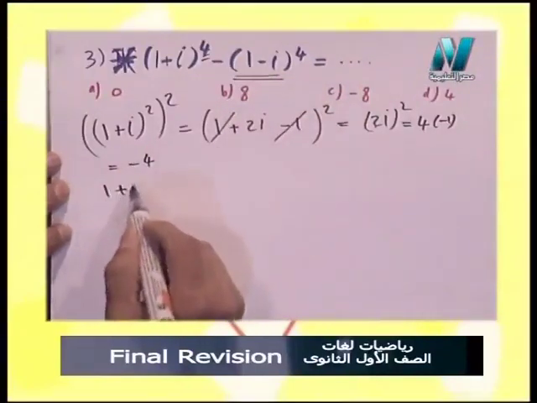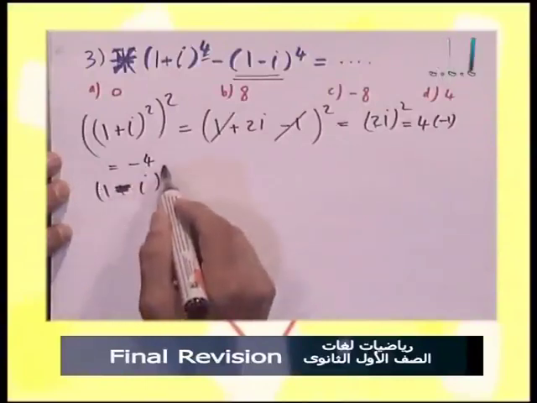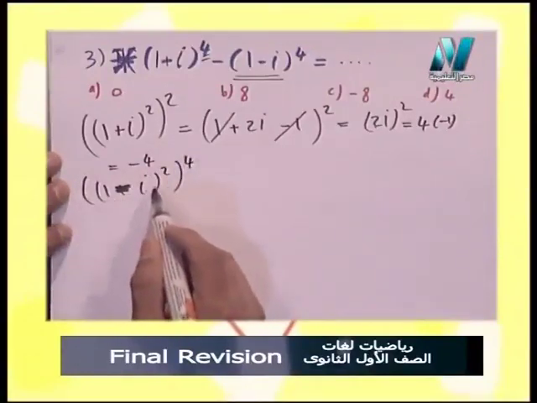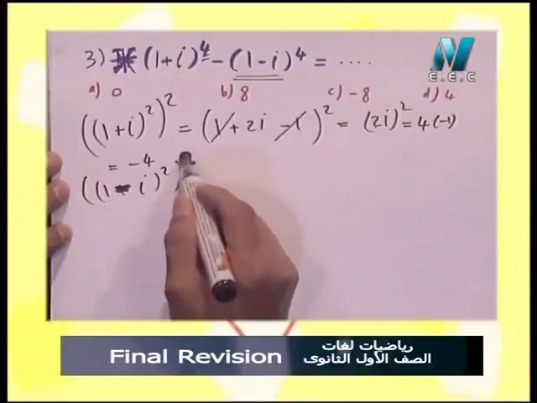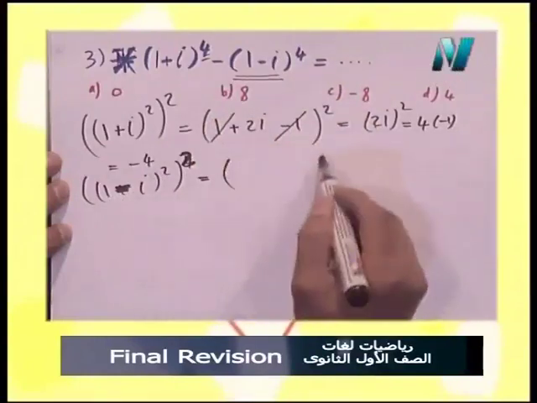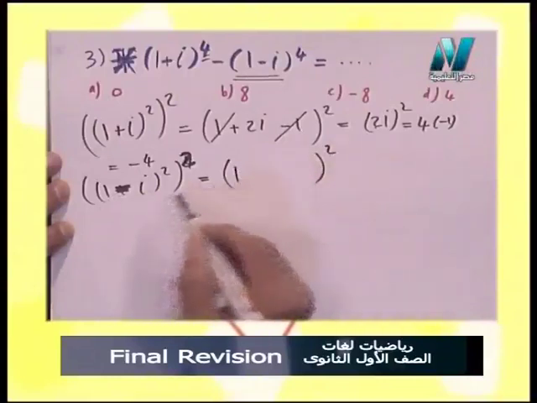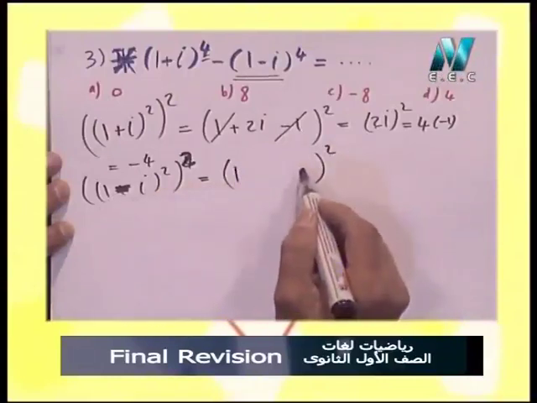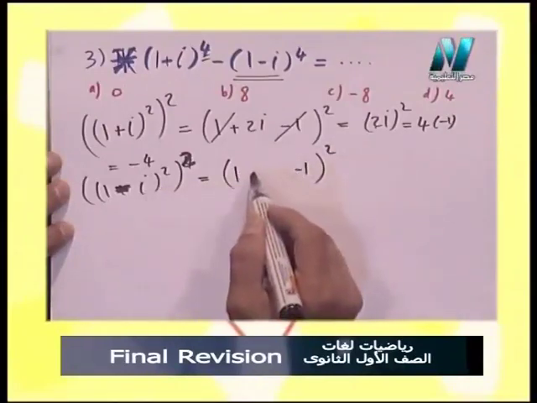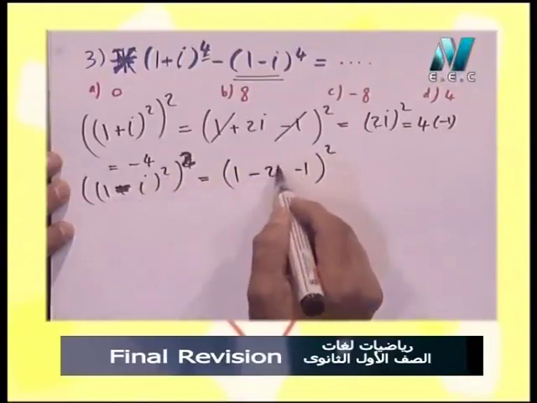(1 minus i) all power 4. We will make it as before, (1 minus i) all power 2, all power 2, to be power 4 as this one. Equals this bracket power 2: 1 power 2 equals 1, and negative i power 2 equals negative 1 also, and we have 2 multiplied by 1 multiplied by negative i equals negative 2i.